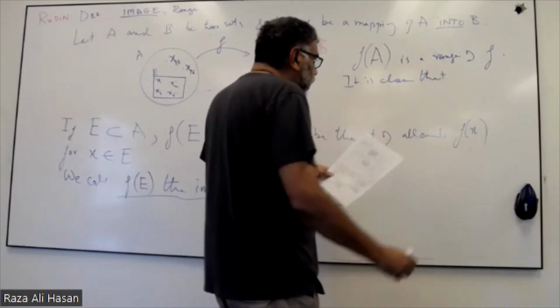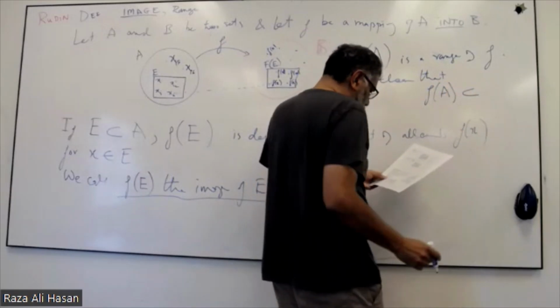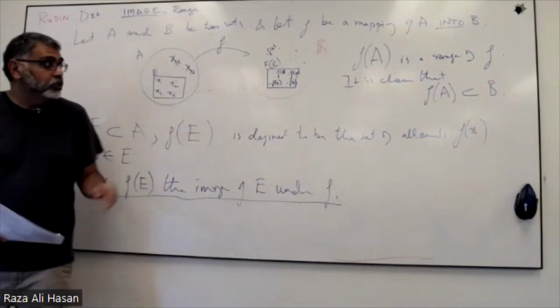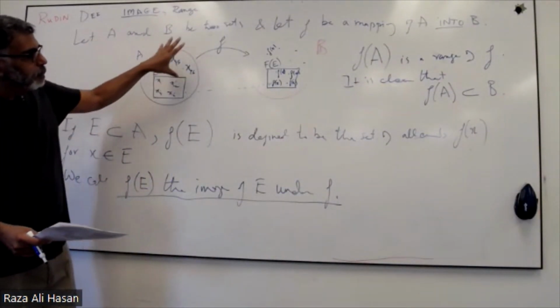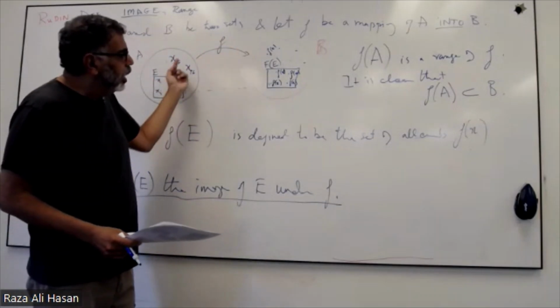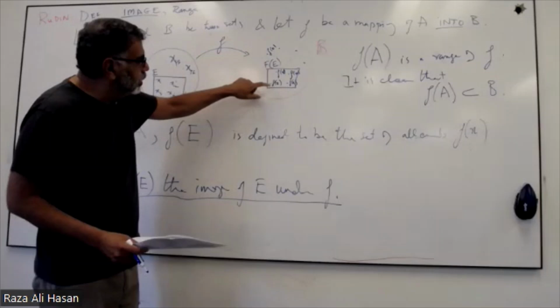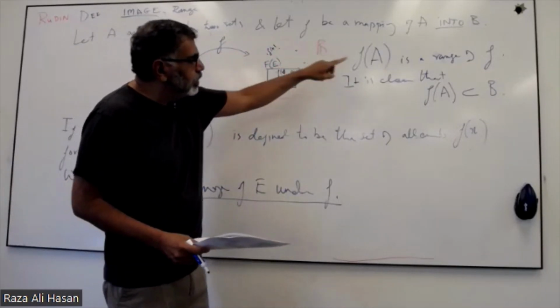It is clear that f of A is a subset of set B. So everything in A and the values that A gets on this side, these f of x's, not all of them, but some of them. That's the range.